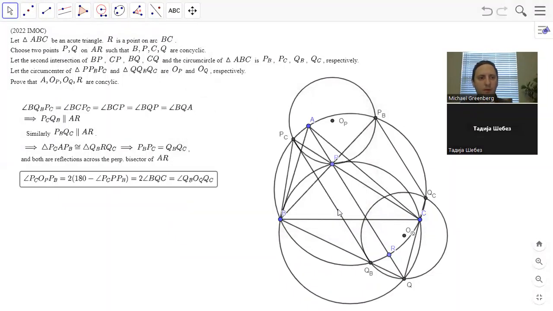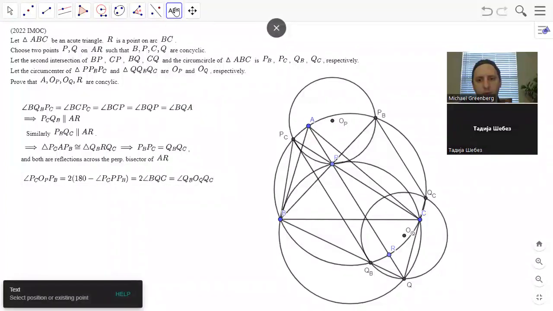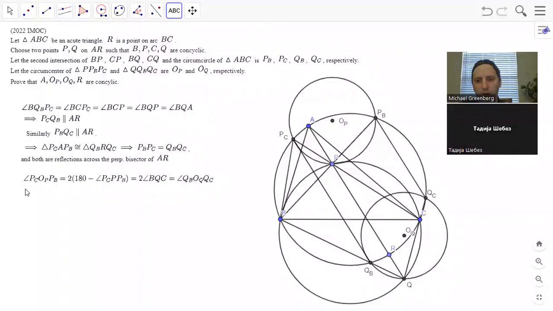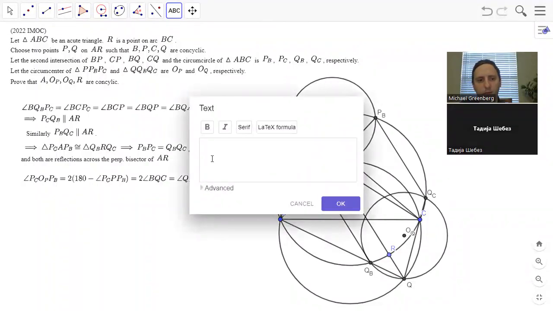All right. So that means that those triangles are congruent. And from there it's not hard. And we know that because those segments are equal.